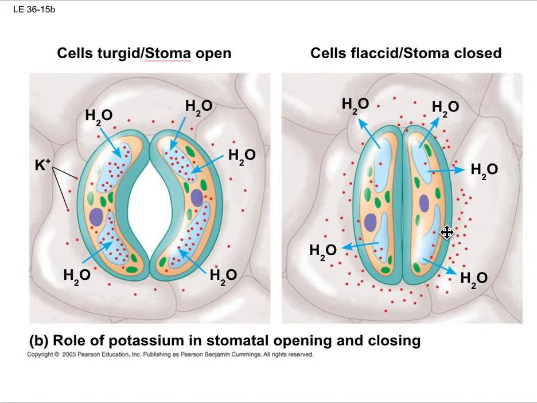When it needs to close stomata, it will release the potassium from the guard cells, and water will follow it out. The cells will get flaccid, and the stomata will be closed.